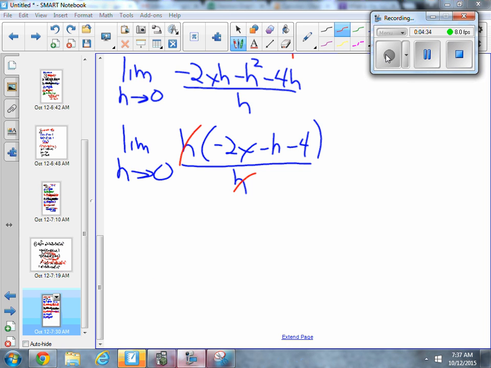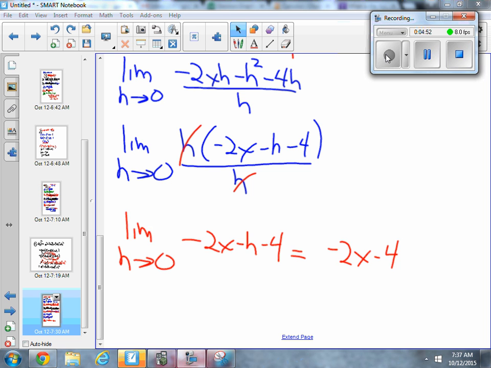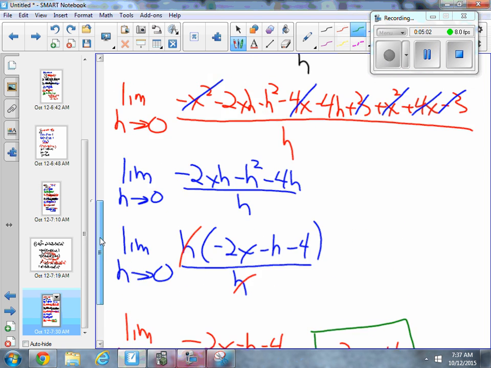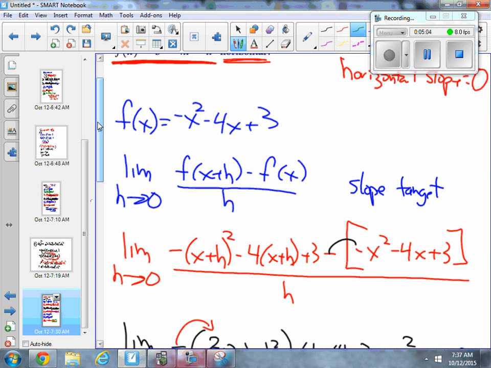So I have the limit as h approaches 0 of negative 2x minus h minus 4, and that equals negative 2x minus 4. So this is the equation of the slope of the tangent line at any point x on this function.